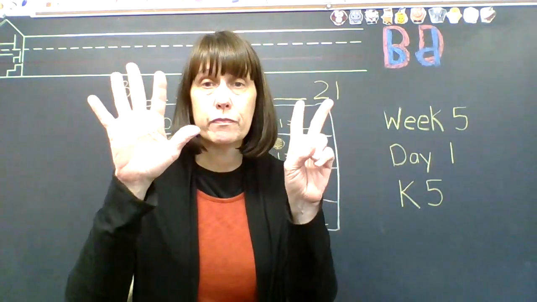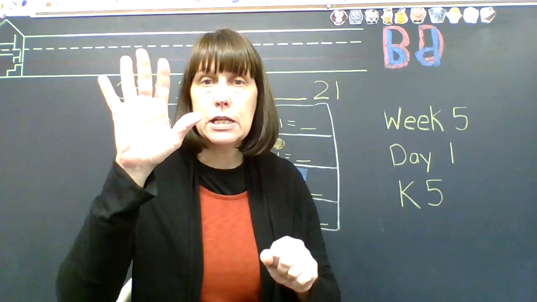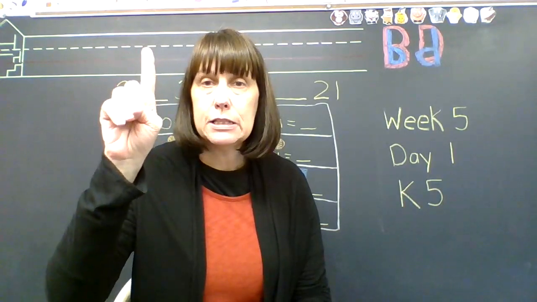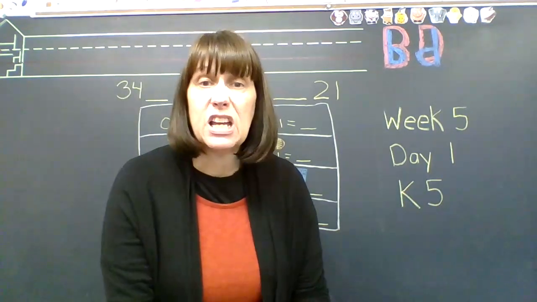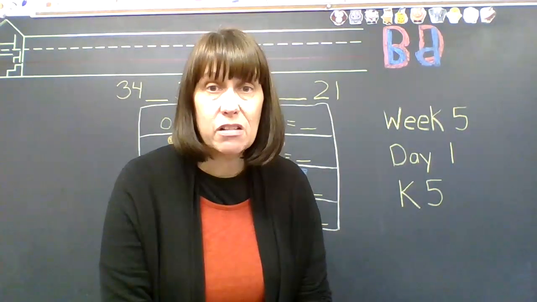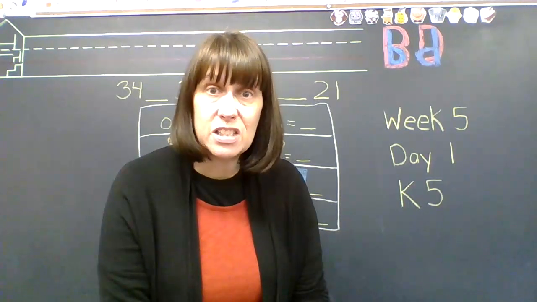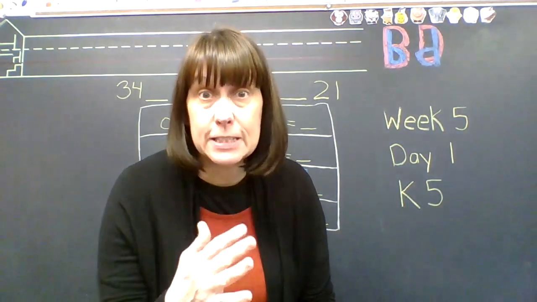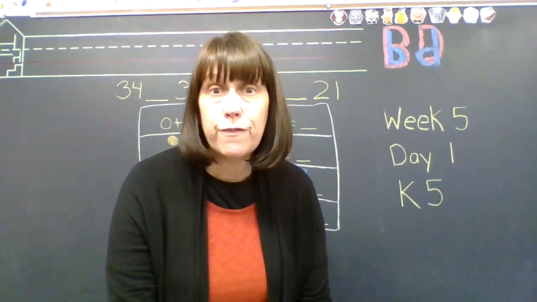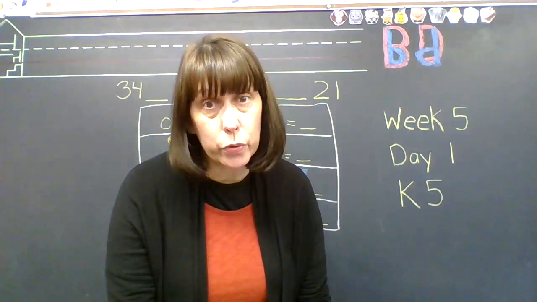You ready? 10, 20, 30, 40, 50, 60, 70, 70 cents. Now, boys and girls, when we count dimes, did you notice that if you count 7 dimes, it's 70? If you count 5 dimes, it's 50. If you count 3 dimes, it's 30.